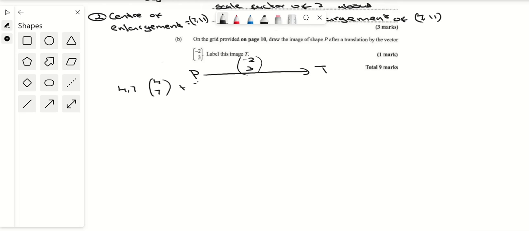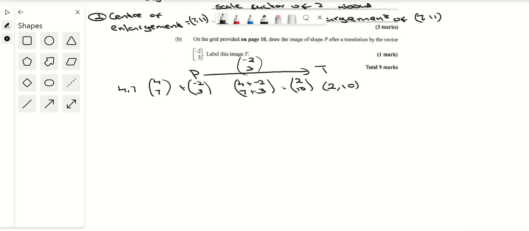You add -2, 3. So this will turn to 4 plus -2 and 7 plus 3, which is equals to 2, 10, right? So your coordinate for that point that underwent that translation is 2, 10, like this.